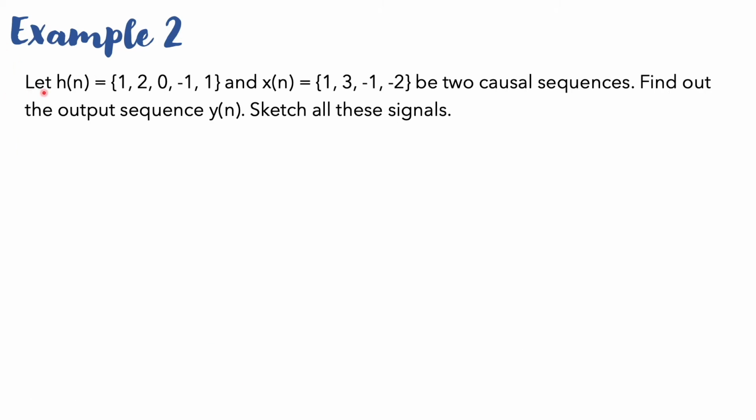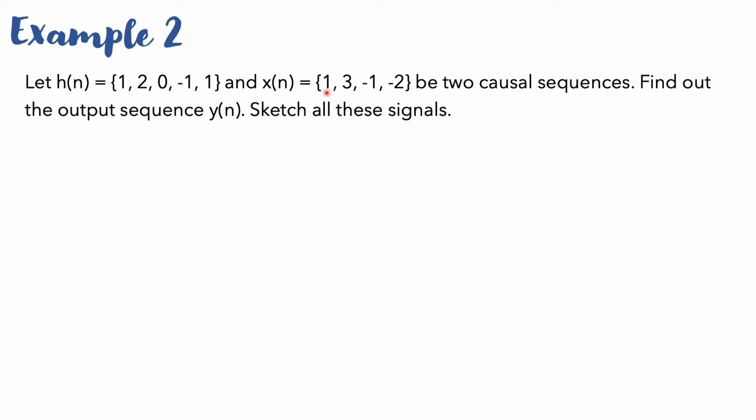Okay, in this example, let h[n], meaning the impulse response, be a discrete sequence 1, 2, 0, minus 1 and 1, and the input x[n] be 1, 3, minus 1 and minus 2. This one has 4 points and this one has 5 points. Be two causal sequences, meaning they start from 0.